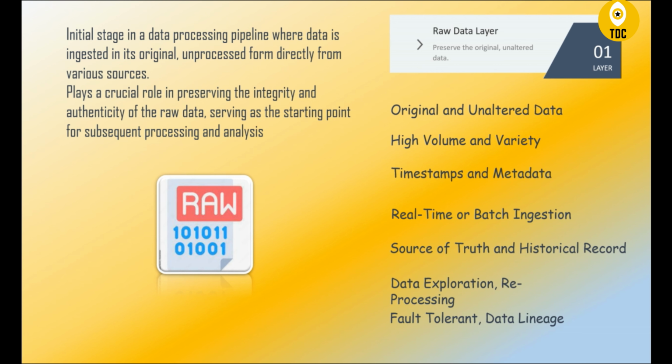That means it can hold a large volume of historical data, maybe 2 years, 3 years. That is one of the reasons you can use the raw layer, for further data exploration and reprocessing.